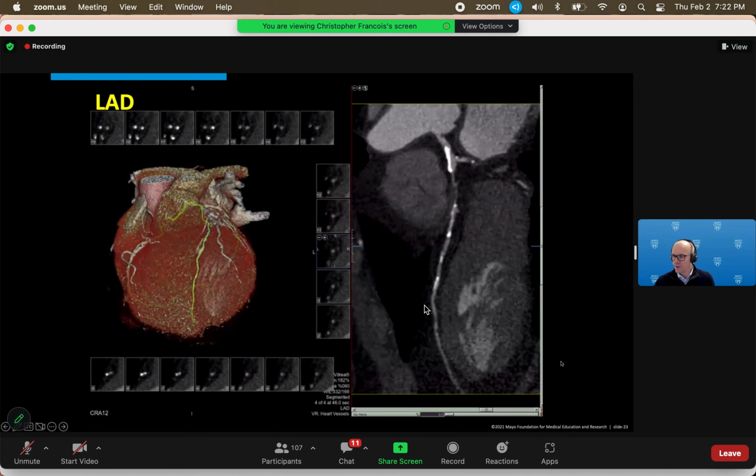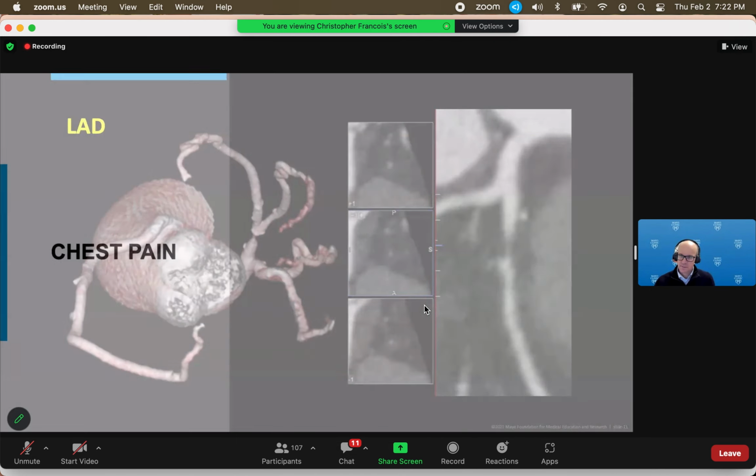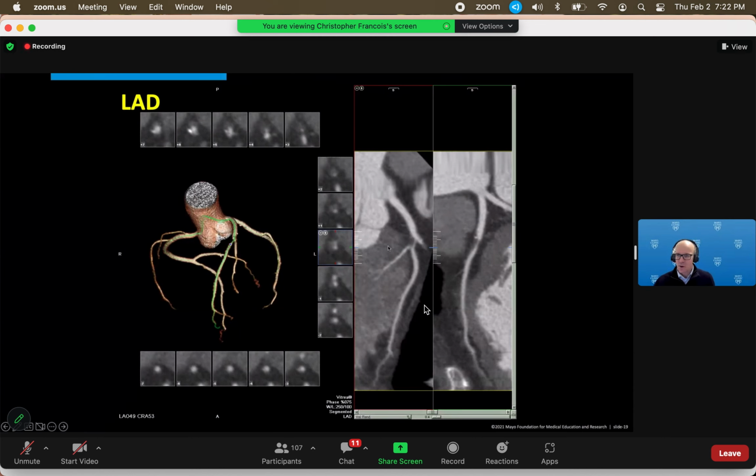How do we assess cardiac remodeling on CT? Let's go up to this case. So we call positive remodeling when the plaque sort of extends out from where we would expect the normal adventitia to be.